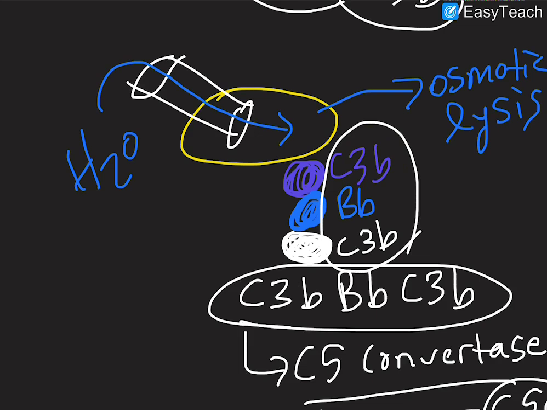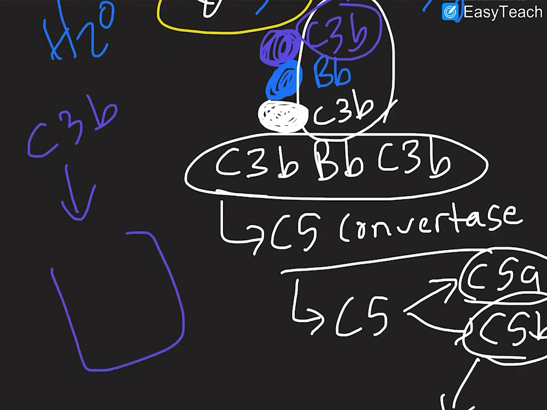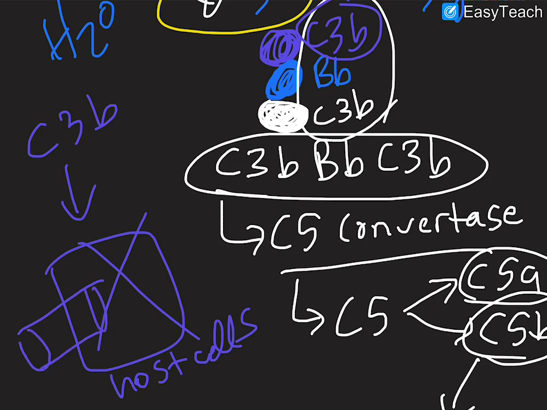But why can't that C3b, produced by the fluid phase C3 convertase, go to our own host cells and bind, and then trigger white blood cells to come and destroy our host cells, or trigger the membrane attack complex to form on our host cells? Why can't that happen? So let's talk about that now.